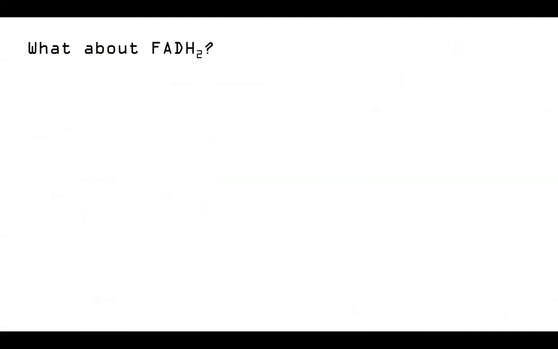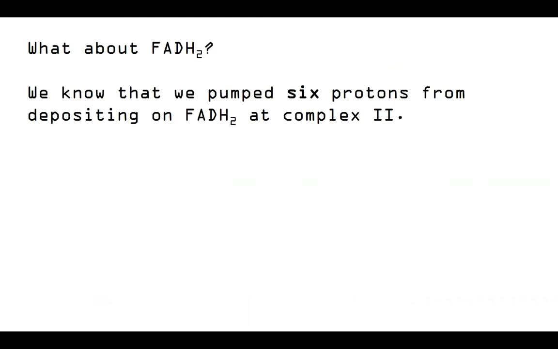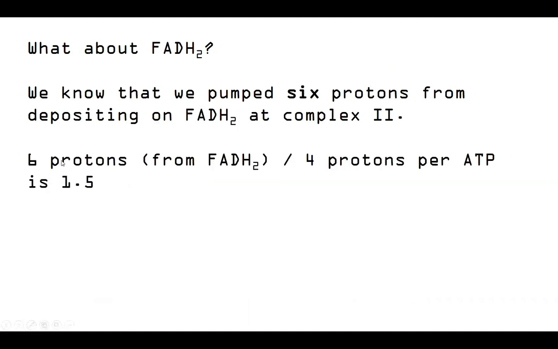So what about FADH2? We know that we pumped 6 protons from depositing the electrons from FADH2 at complex 2. So these 6 protons from FADH2, again, it takes 4 protons to make an ATP. This gives us 1.5.